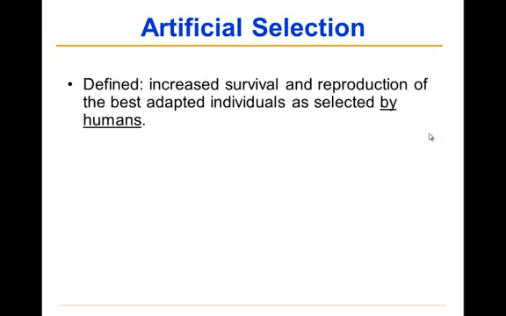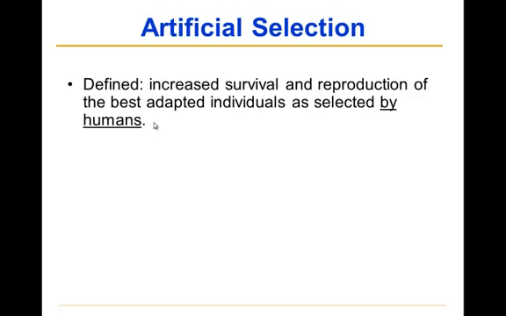Let's look at a second type of selection, which is called artificial selection. Artificial selection, here's a definition. It looks quite similar to that of natural selection. We define artificial selection as increased survival and reproduction of the best adapted individuals as selected by humans. And so the definition is just like that of natural selection, except for the ending phrase, and that is what is doing the selecting.